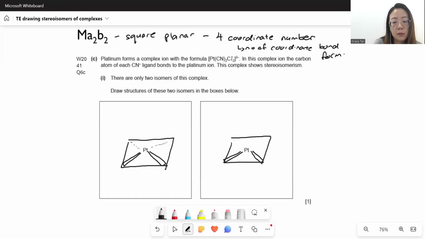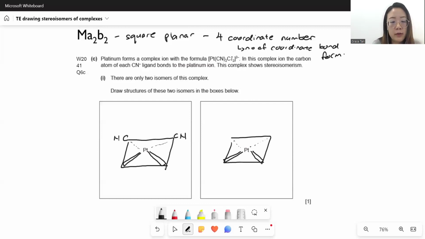Stereoisomers have a different orientation in space. So that's why you need to ensure that all drawings of transition complexes must be in 3D shape by default. Okay, now your cyanide lone pair is on the carbon, because the carbon is the one who donates the lone pair into the platinum. So make sure you point the bond to the carbon, not to the nitrogen, okay?